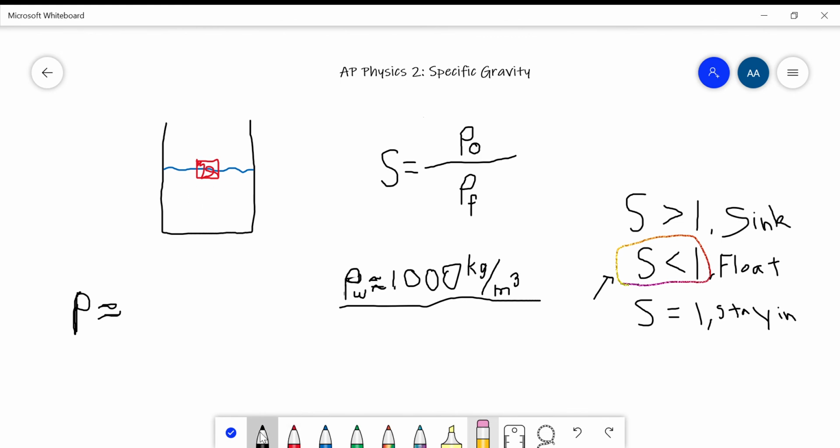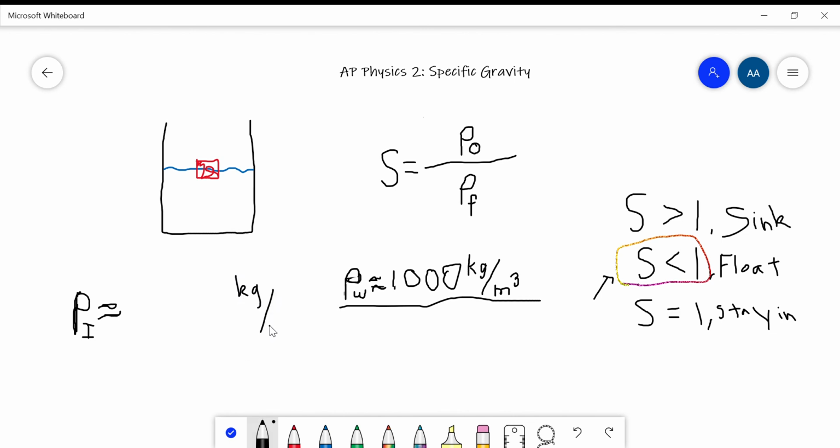Let's say we were to use something like ice, and I'm going to write rho, sorry, even I get confused, rho of ice. If you search it up, it's around 920 or 930 kilograms per meter cubed.